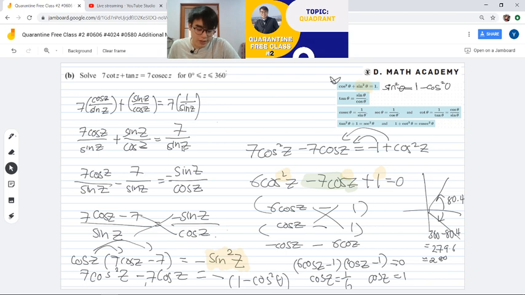When you key in cosine inverse of 1, you get 0. So the other answer will be 0 and 360. So you have 4 answers in total. Write it in red: 0, 80.4, and then we have 279.6 followed by 360. So these will be the 4 results.